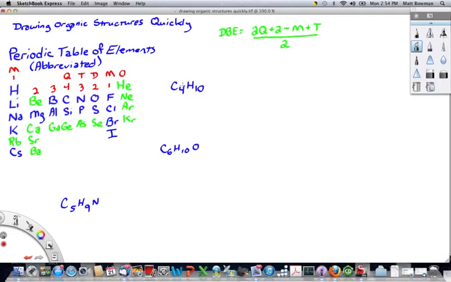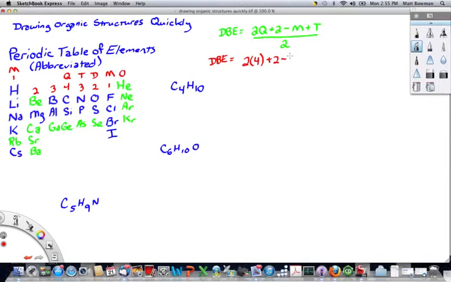Take this formula here, C4H10. Well, when we plug in the numbers for the double bond equation, 2 times, well, Q is carbon, 4. So 2 times 4 plus 2 minus M. In this case, we have 10 hydrogens.